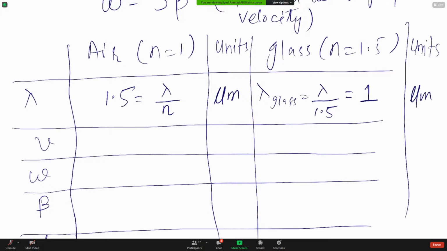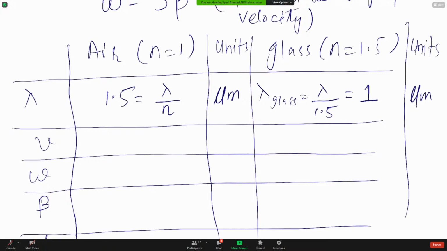Now what about the frequency? What is the formula for frequency? Anyone? Your formula for frequency? C is equal to F lambda.